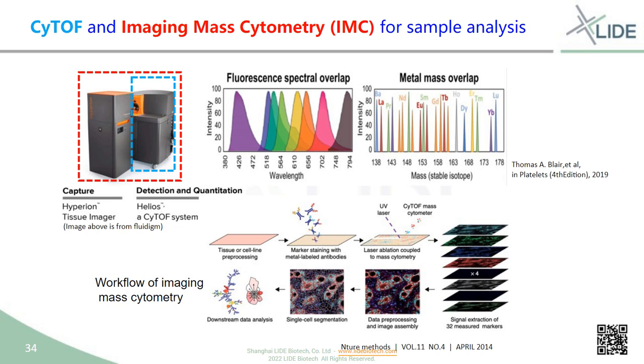Similarly to immunohistochemistry staining, IMC starts with a tissue section stained with multiple heavy metal labeled antibodies before loading into Hyperion and quantified by Helios.